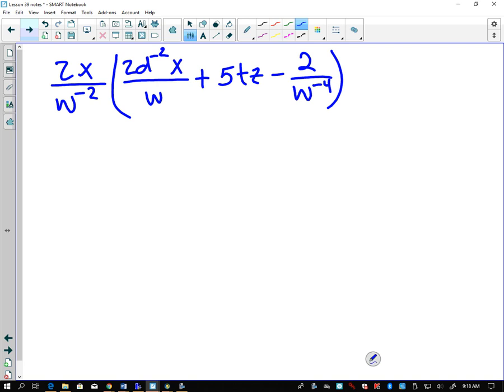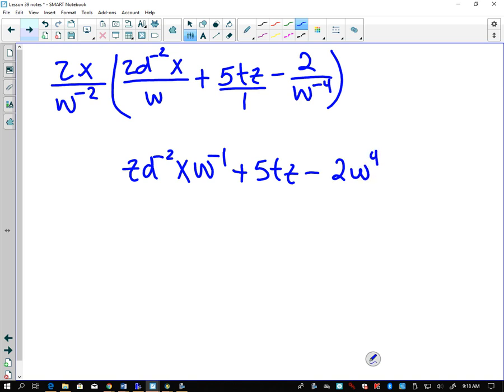Does that make sense? All right, well 5tz is already a fraction over 1, so I'm going to look at z d to the negative second x, and I'm going to bring up my w and make that w to the negative 1. Does that make sense? Okay, plus 5tz minus 2w to the fourth, right? Does that make sense? Okay, so now we have zx.